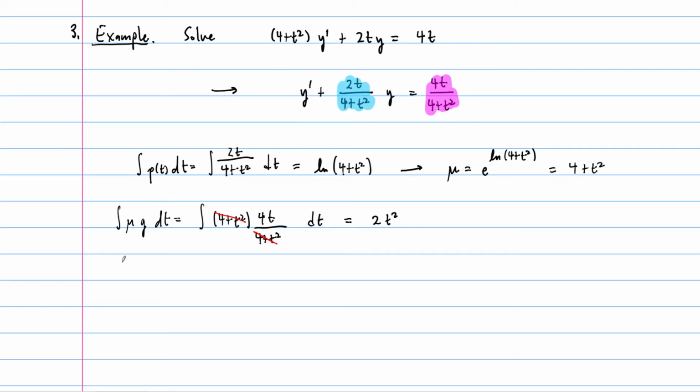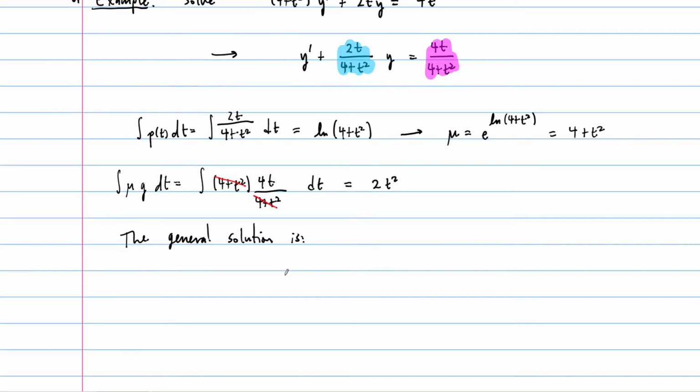And so the general solution is now given by this formula. So y of t is equal to 1 over mu, so 1 over 4 plus t squared, times the integral, which was 2t squared, plus constant, over mu, which is 4 plus t squared.